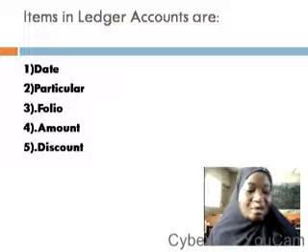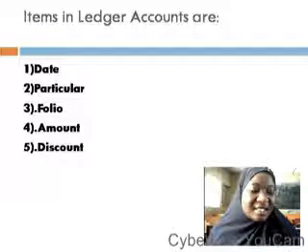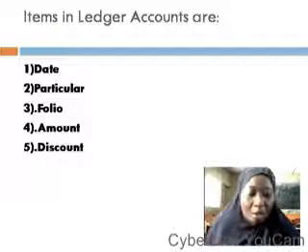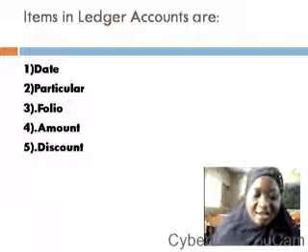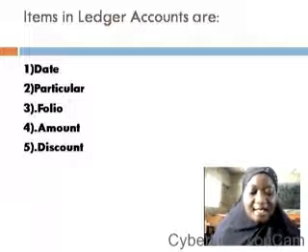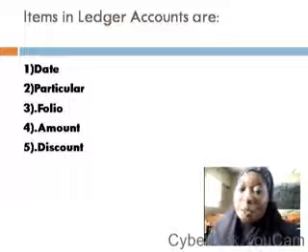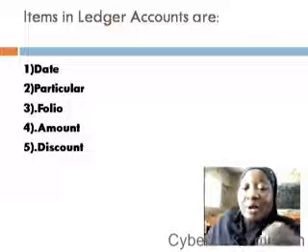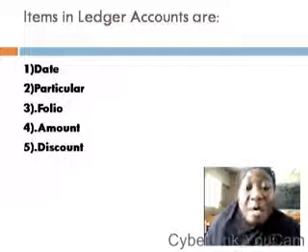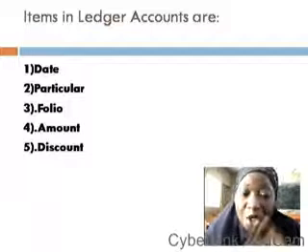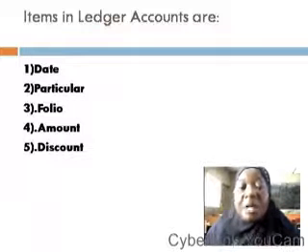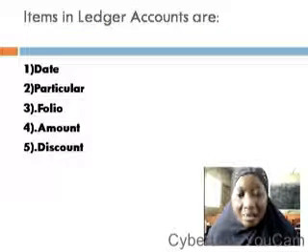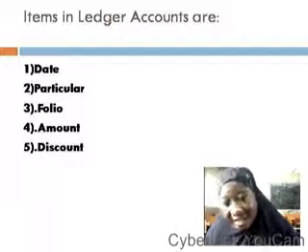Then another one is amount. This column at both sides shows the financial worth or monetary value of the transaction recorded into the ledger account. Yes, you will be able to see the specific amount that you bought the item or sold it. The real worth of the transaction of that day will be recorded under the amount, and it will be at both sides.